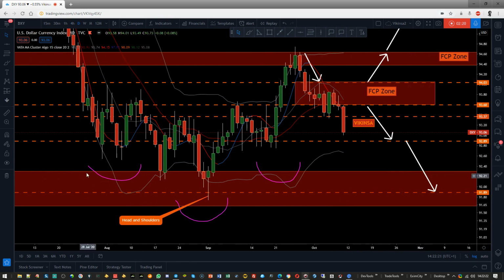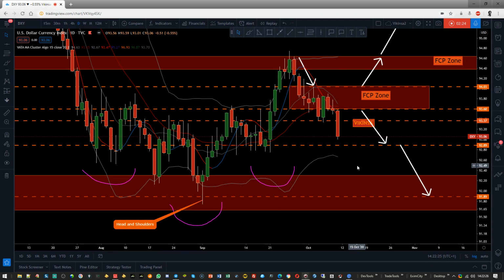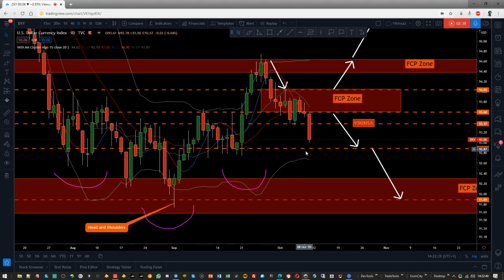We also had an inverse head and shoulders forming there, which is still intact, although the neckline was broken and the market has come back inside the neckline. But this is still intact because the market can create another shoulder here, which happens quite often. It can create another shoulder and go upwards, as long as it is not violating the head.